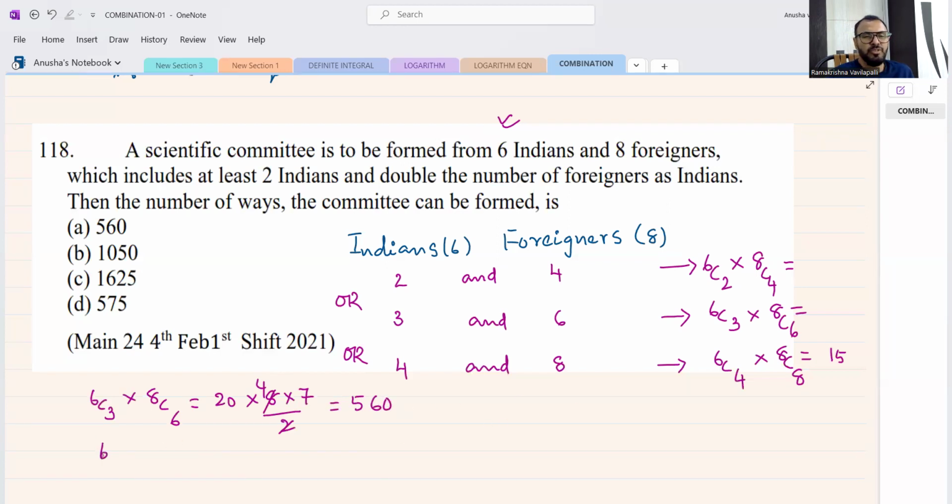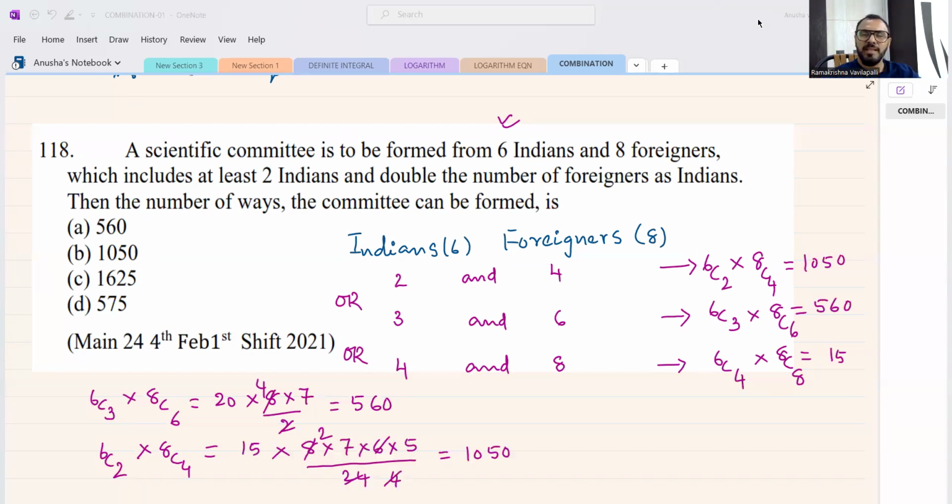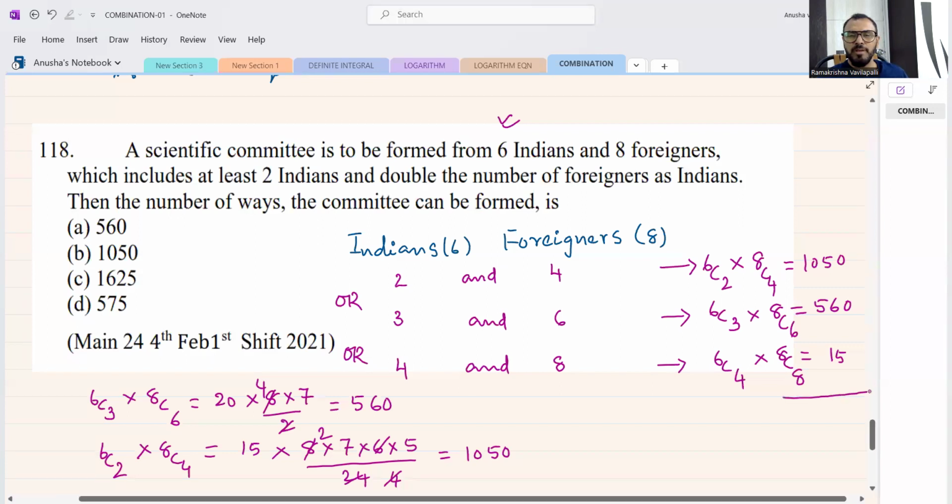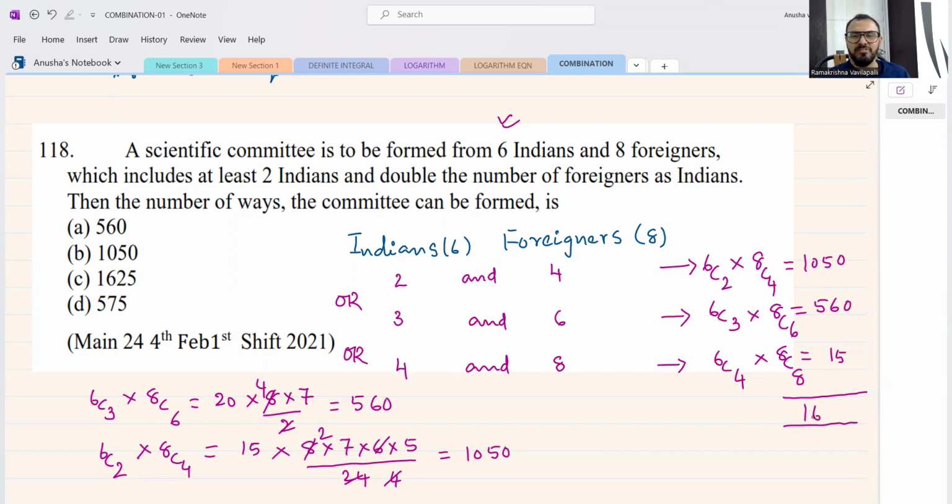And 6C2 into 8C4, I'll calculate this. So therefore, the total number of required ways equals adding these, you will get 1625. This question is eligible for CSAT exam.